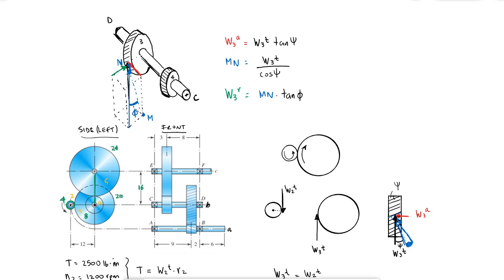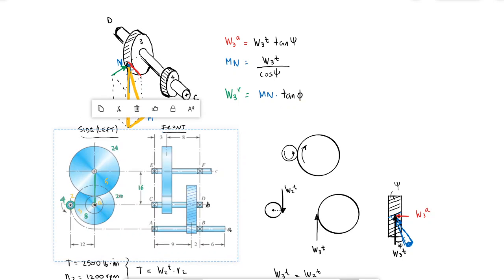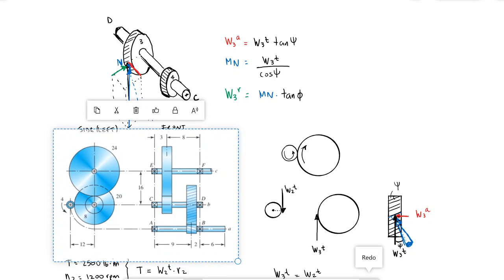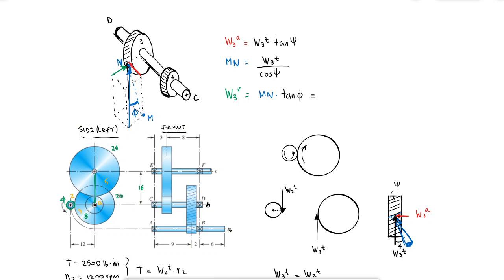Because this triangle, again, I'm going to delete it in just a second, 1, 2, 3. That's the angle that is formed, and the opposite is what I want, and what I have is the adjacent. Okay, so that's tangent. So basically this is just equal to W3 tangential tangent of phi over cosine of psi.